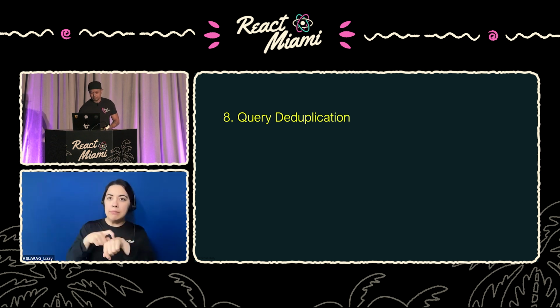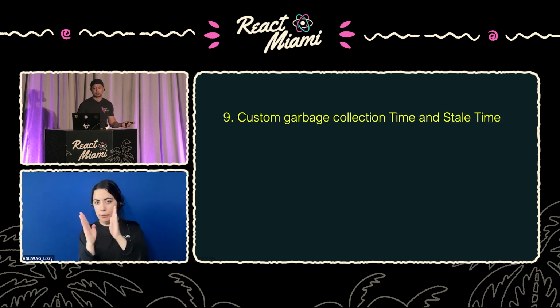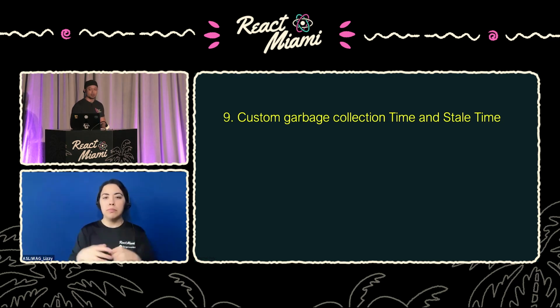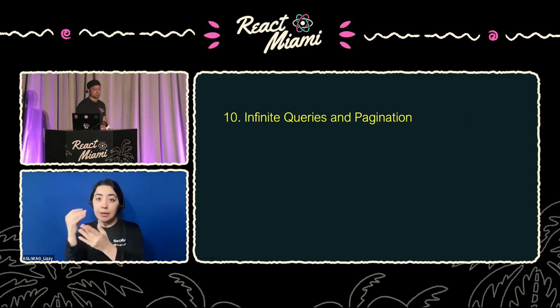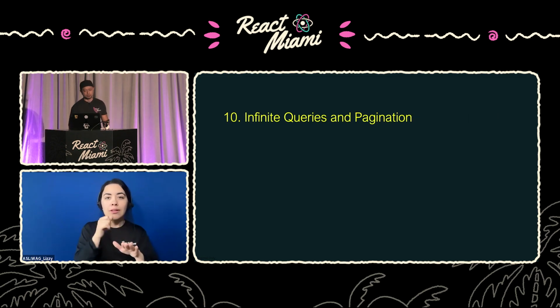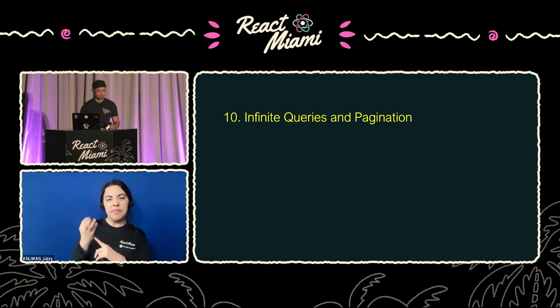What else? Custom garbage collection time and stale time. This gives you fine-grained control over the trade-off between data freshness and performance. Infinite queries and pagination. I did it myself manually before, 4 years ago, and I faced a lot of bugs. Just don't do it. Just use TanStack Query.